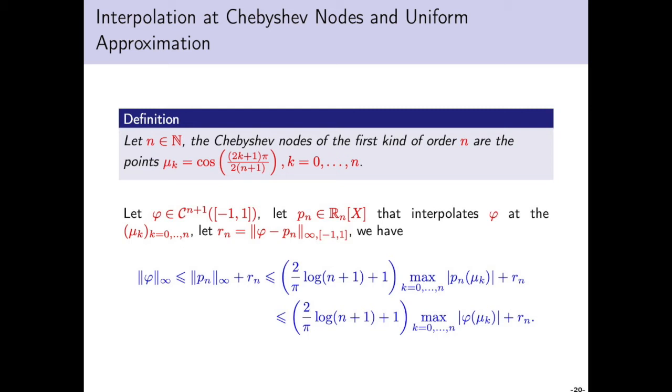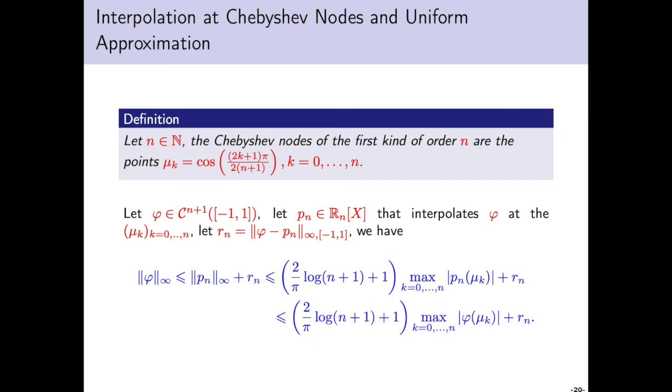So we have the norm of f, this is the triangle inequality, it's straightforward, is smaller than the norm of Pn plus the error. Okay, nothing smart. This one is smaller than constant log n times the maximum of Pn at the mu k, plus the approximation error.